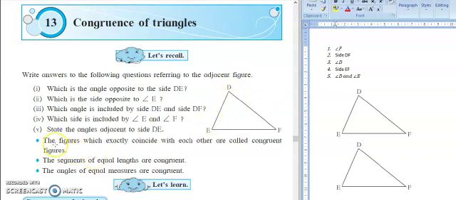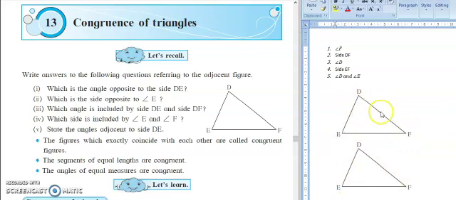Now, some information is given here. The figures which exactly coincide with each other are called congruent figures. Suppose this triangle DEF is one figure. If we have another figure exactly coinciding with this figure, coinciding means this point should cover this point, and this point should cover this point.